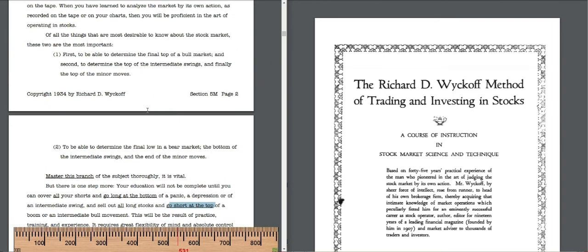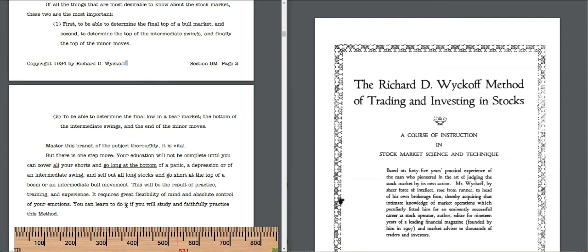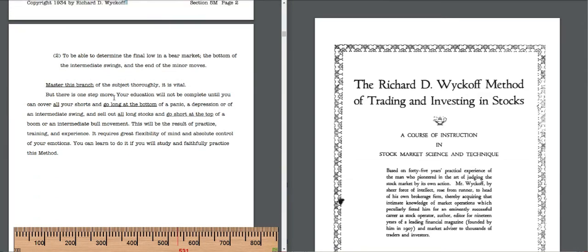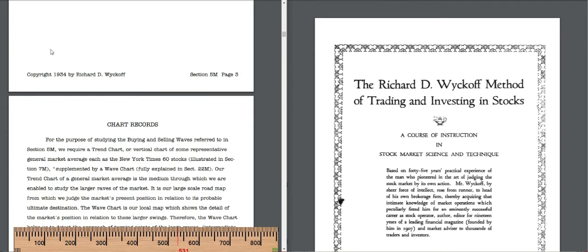You see? And being able to not only determine but to put a trade on at those points, that's really the point.